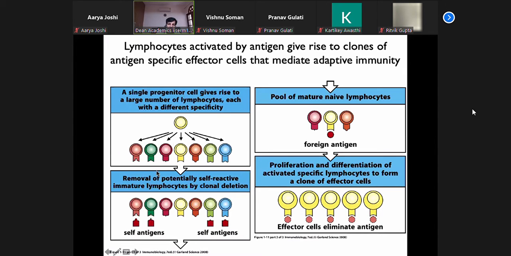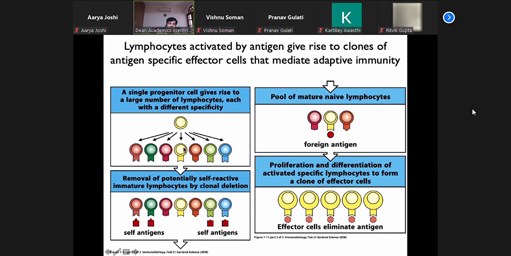So the next step is removal of potentially self-reactive immature lymphocytes by clonal deletion. There are two processes here, one is positive selection, one is negative selection, but eventually we call it clonal deletion.